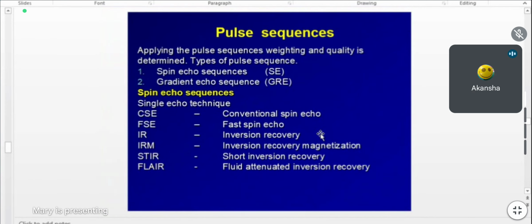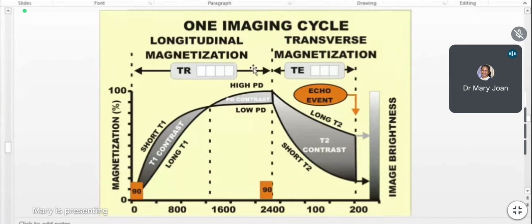Ma'am, at one time we can acquire only one weighted image, either T1 or proton density or T2? No, this is the one imaging cycle, where longitudinal magnetization and transverse magnetization are there. Longitudinal magnetization is the magnetization along the longitudinal axis, and transverse magnetization is the magnetization along the transverse axis. When the magnetic field is applied, all the protons get aligned to the applied magnetic field.